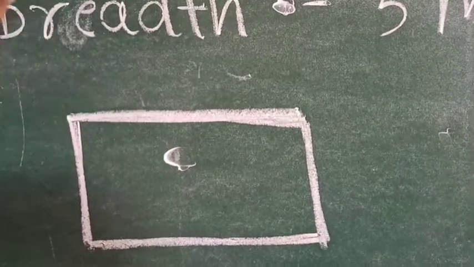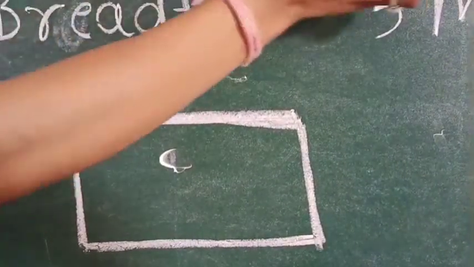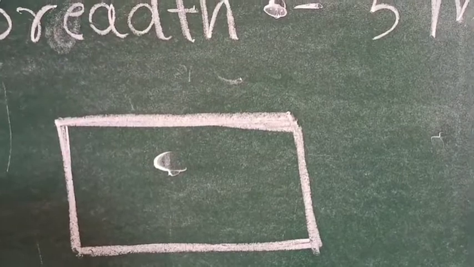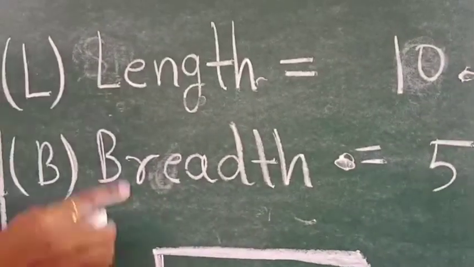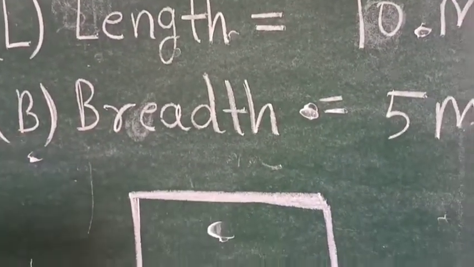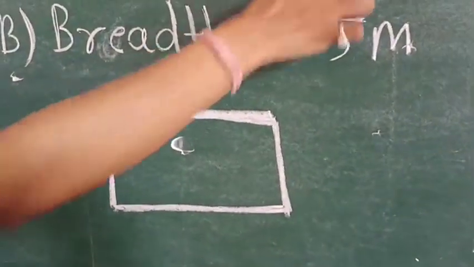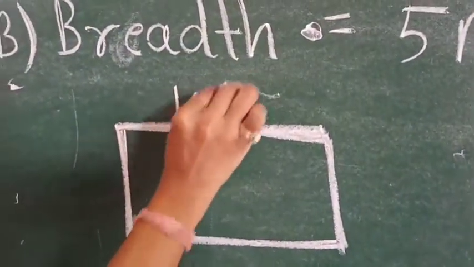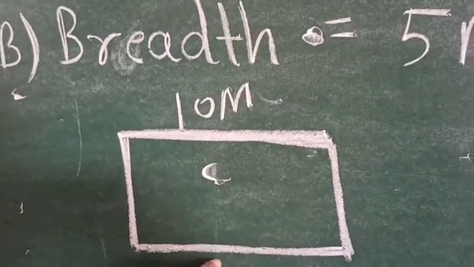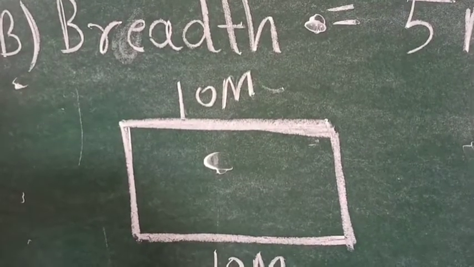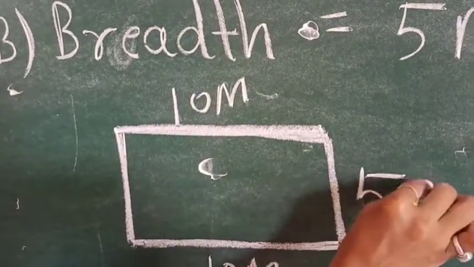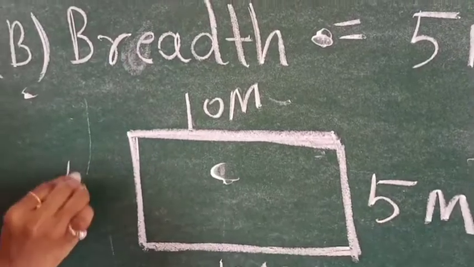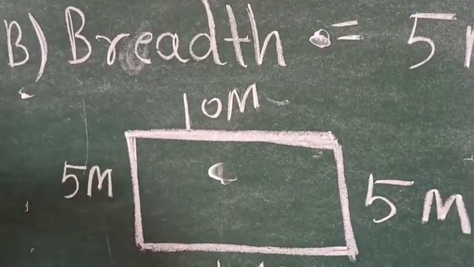You represent length as L and width as B. So length is 10 meter, and this is also 10 meter. Width is 5 meter, so here you have to write 5.